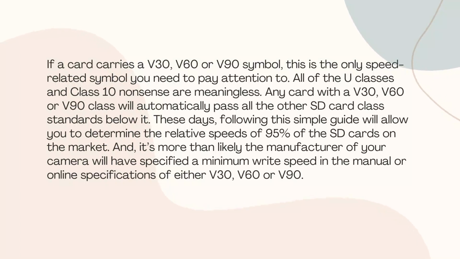These days, following this simple guide will allow you to determine the relative speeds of 95% of the SD cards on the market. And it's more likely the manufacturer of your camera will have specified a minimum write speed in the manual or online specifications of either V30, V60, or V90.